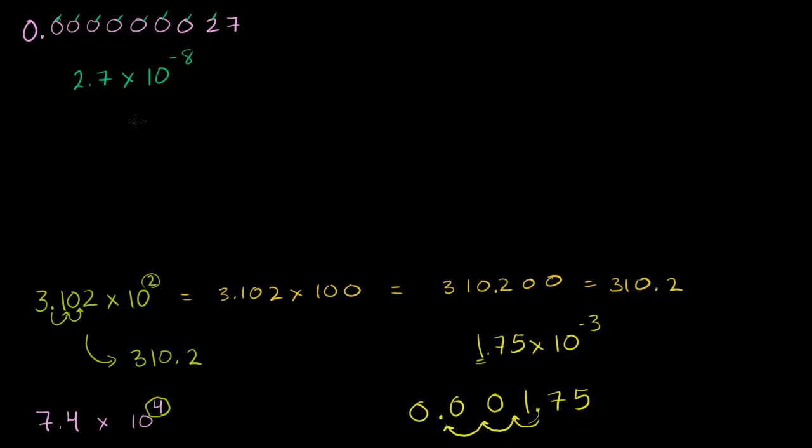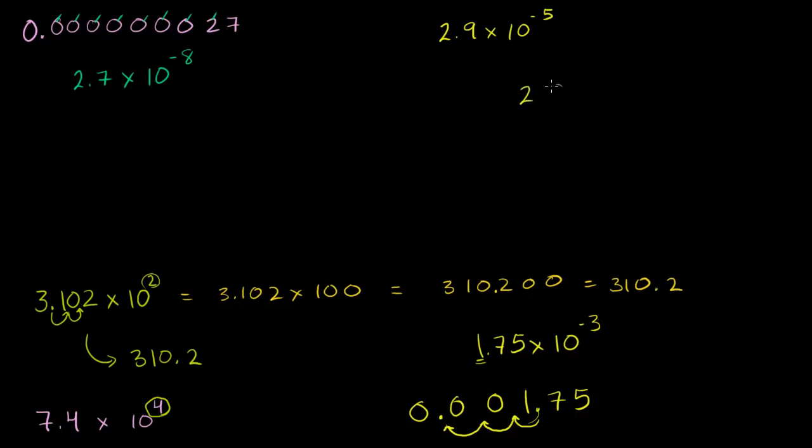Now let's do another one where we start with the scientific notation value and we want to go to the numeric value, just to mix things up. So let's say you have 2.9 times 10 to the negative 5th. One way to think about it is this leading numeral plus all the zeros to the left of the decimal spot is going to be 5 digits.